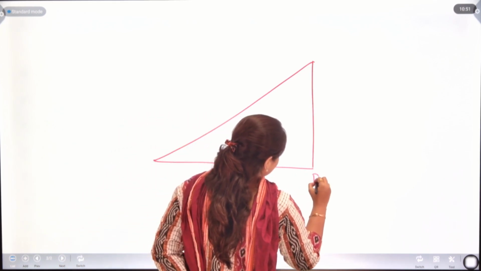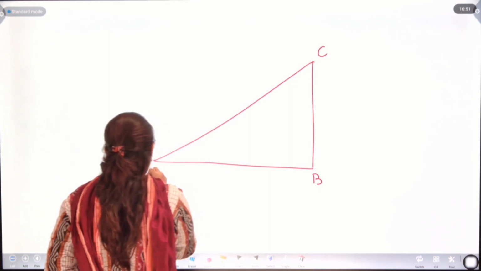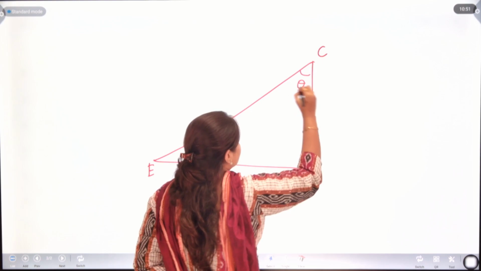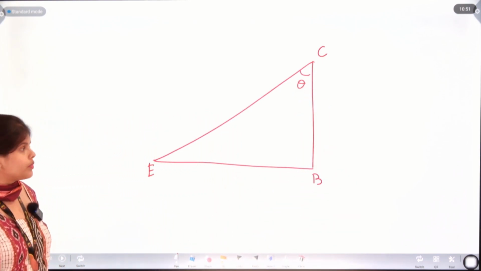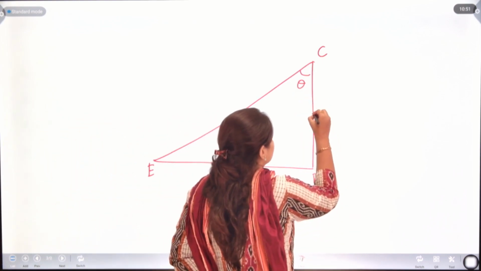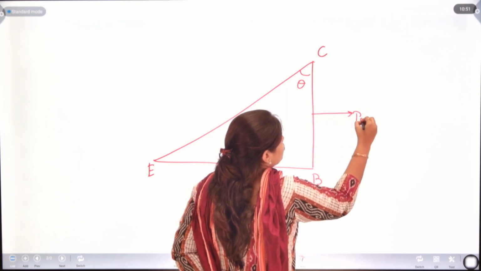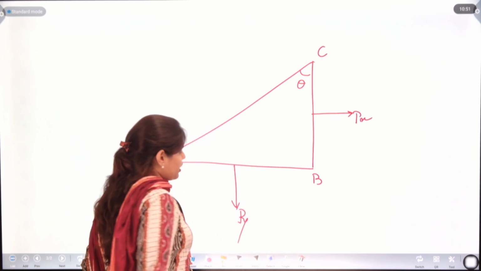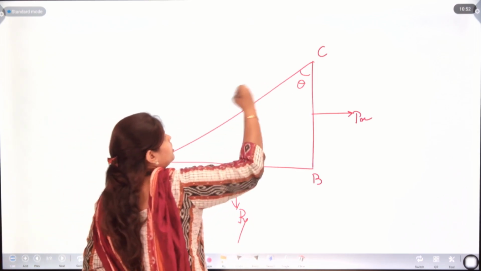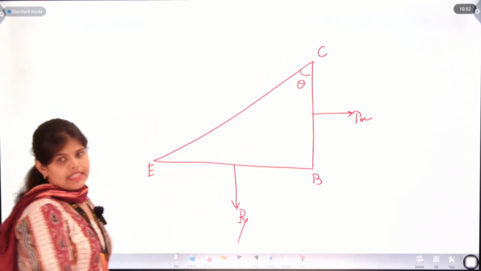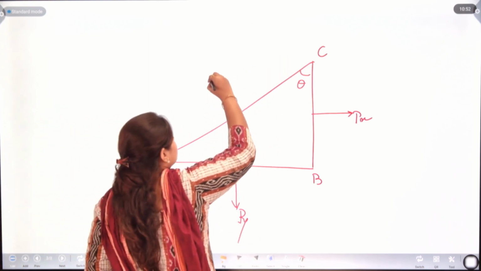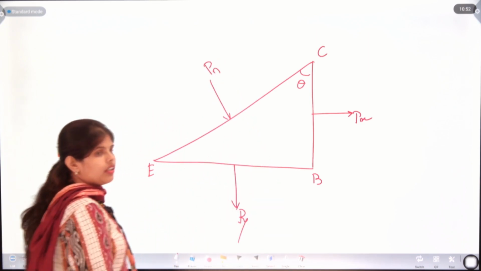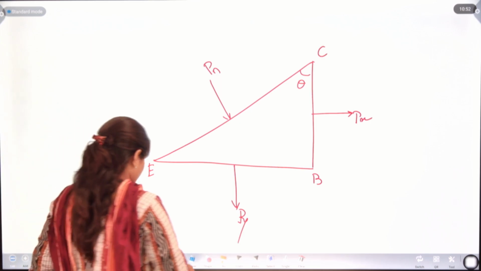So, in this BCE triangular section, the angle is theta. We have Px here and Py here. While we cut the section, there will be lots of stresses, right? So, we take one resultant stress and name that Pn.